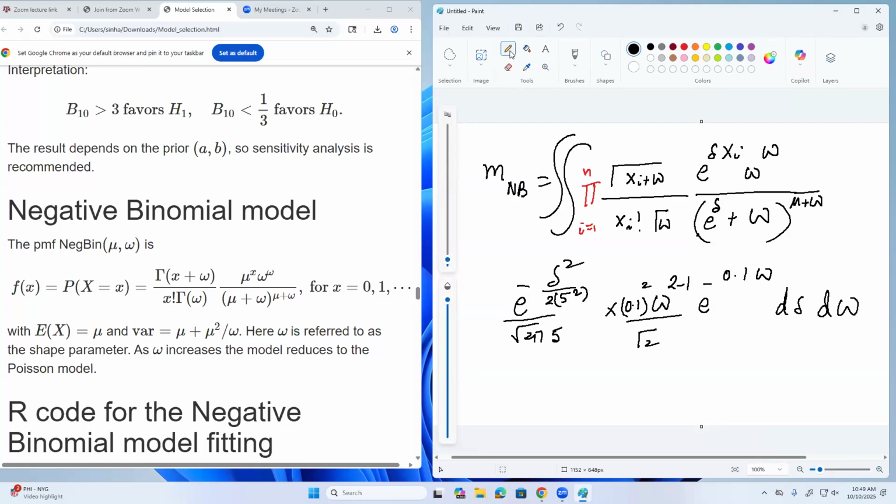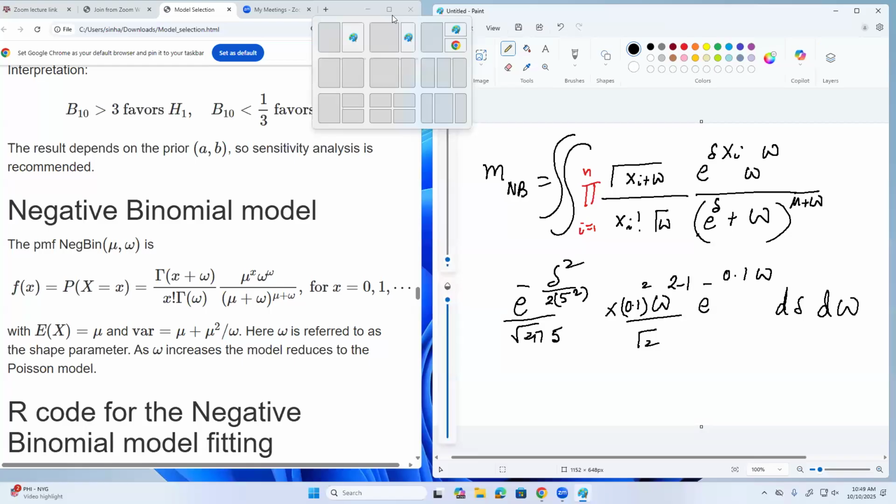Looks very nice looking, right? This is the marginal likelihood. You can imagine how difficult it is to do the computation of this thing just with two parameters. Anyhow, so we will not do the computation analytically. We will not try to get the analytical expression of this likelihood.